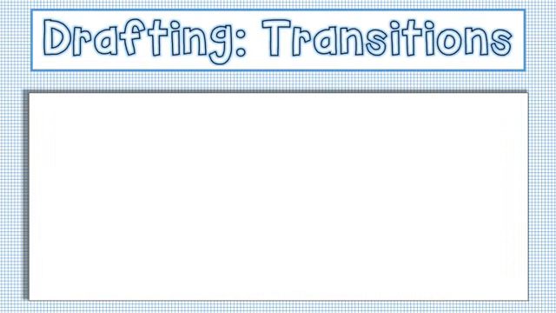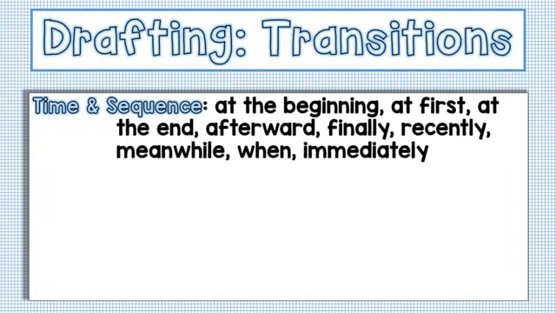Here are some examples of transitions you can use in your writing. To show time and sequence, use words such as at the beginning, at first, at the end, afterward, finally, recently, meanwhile, when, and immediately.